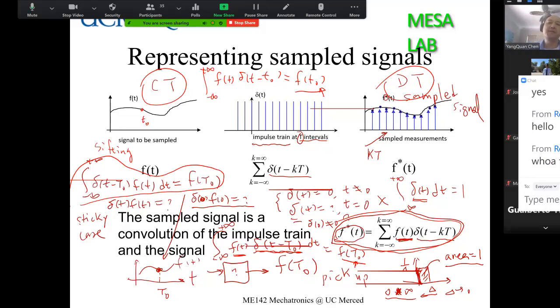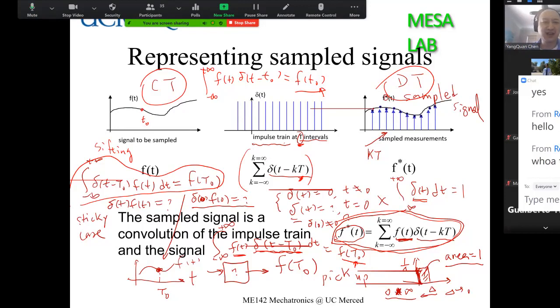If I know how to pick up one point, I know how to pick up many points. Say for example, capital T is my sampling period. So I line up all these pulse trains, a sigma of this thing. Then I convolve with my f.